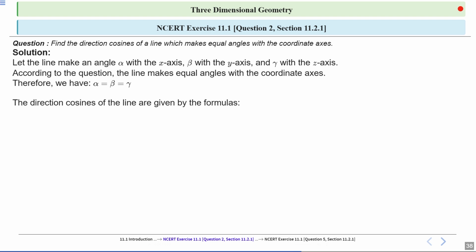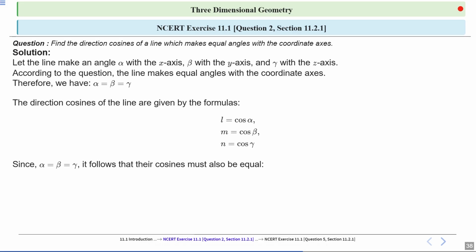So now let's recall the formulas for the direction cosines of a line. The direction cosine with respect to the y-axis is m equal to cos beta. With respect to x-axis is L equal to cos alpha, and with respect to z-axis is n equal to cos gamma. So we have three direction cosines: L equals cos alpha, m equals cos beta, and n equals cos gamma.